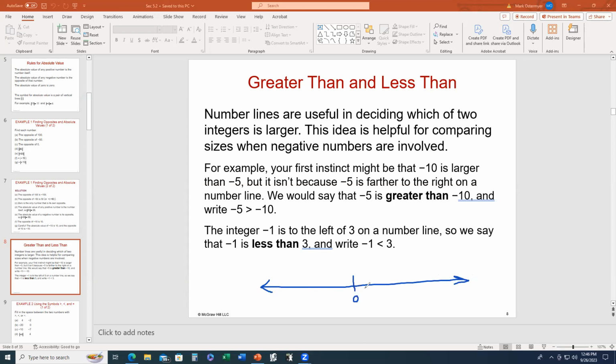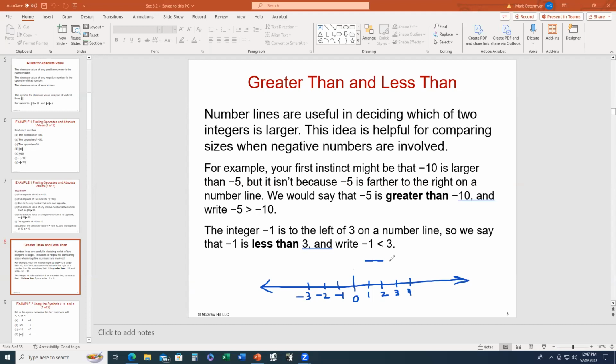If I have 0 here, 1, 2, 3, 4, and then we go to the left, -1, -2, -3, etc. to the left forever. So this number line goes in both directions forever.